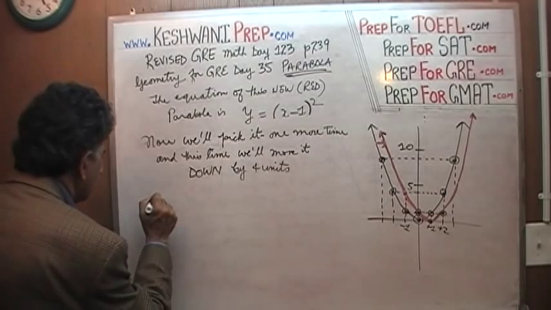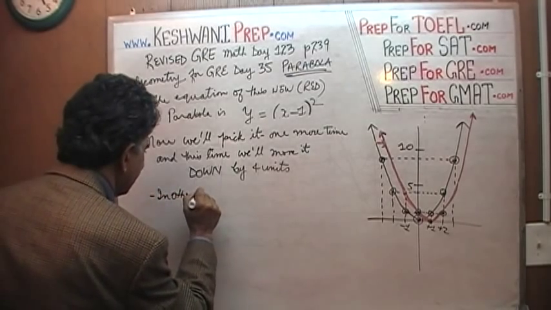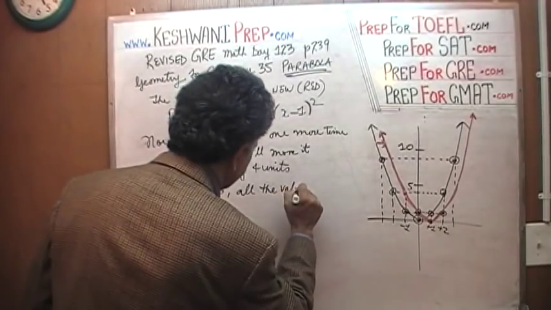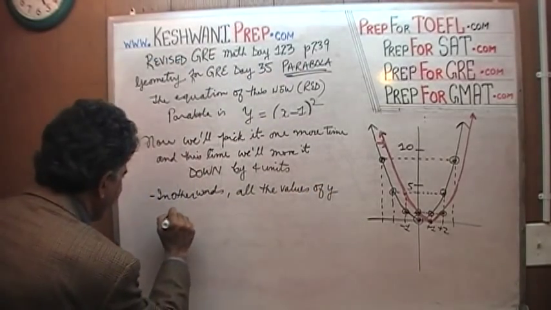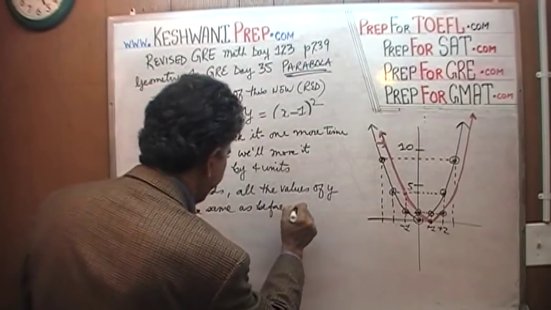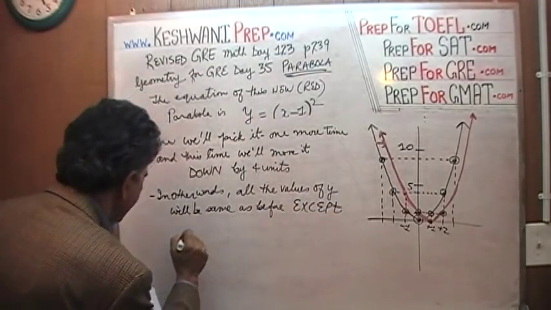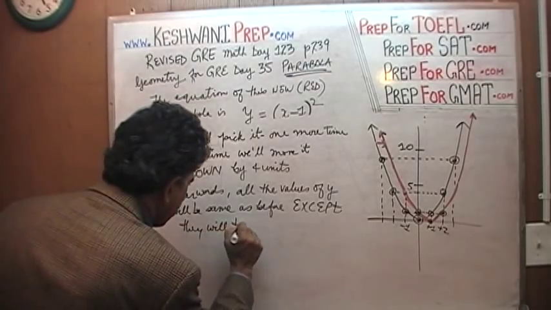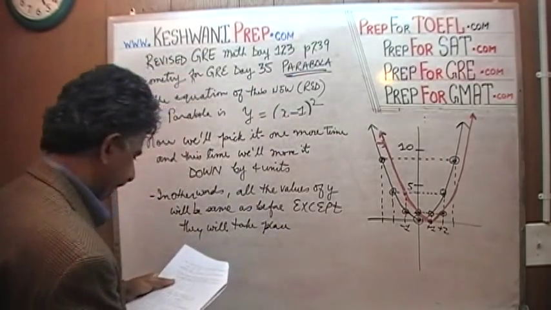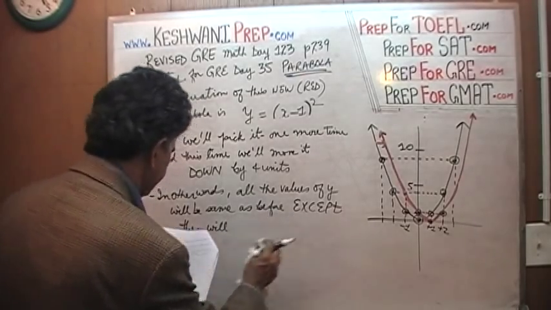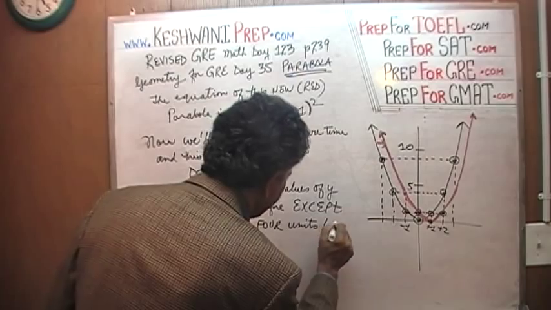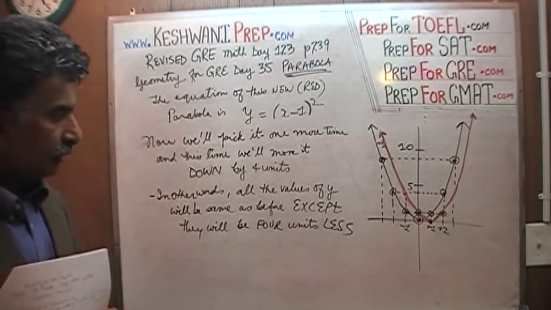In other words, all the values of y will be same as before, except they will take place 4 units less. They will be 4 units less, and I'm going to show you that parabola.